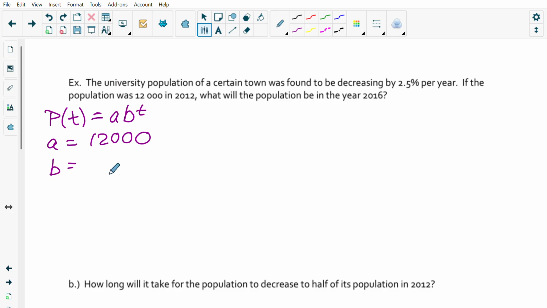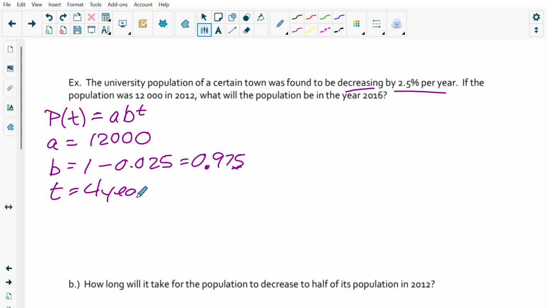The growth rate, okay, it's decreasing. So it's like a decreasing growth rate, or what we call a decay rate. So it's 1 minus, well, it's decreasing by 2.5% per year. That is 0.975. So we have a decay rate of 0.975. Time is 4 years. Okay.